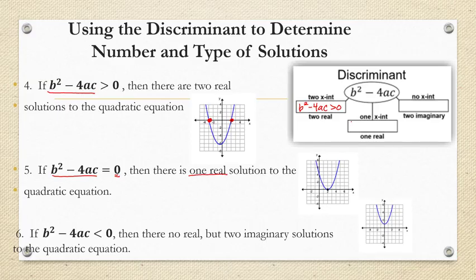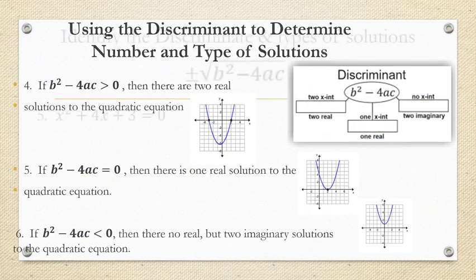Now, right here, b squared minus 4ac, if it's less than 0, it is not going to cross the x-axis. So it's going to be something like this. This is when it's never going to cross the x-axis. This one is if it has one solution.